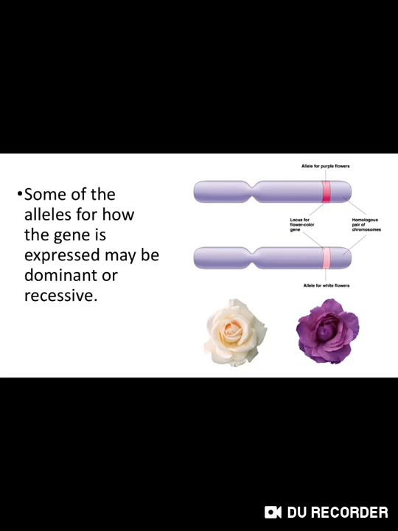You can see in the pictures how there is an allele for everything. For example, you have an allele for purple flowers, and you are going to have an allele for white flowers. So if these two flowers reproduce or they are fertilized, pollinated also, then their offspring are going to have different colors.